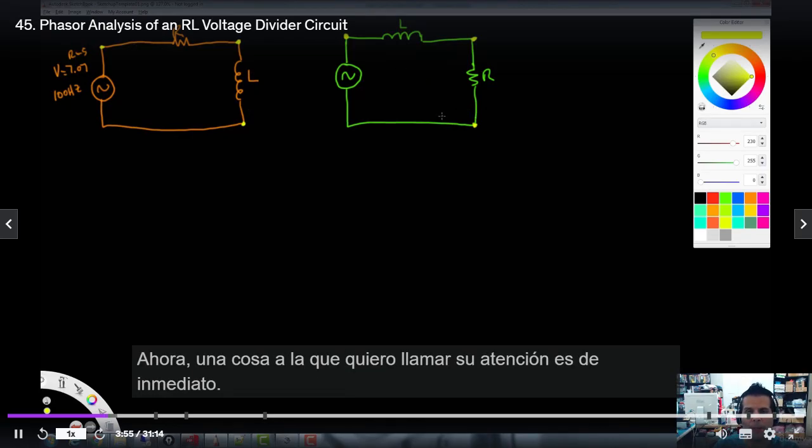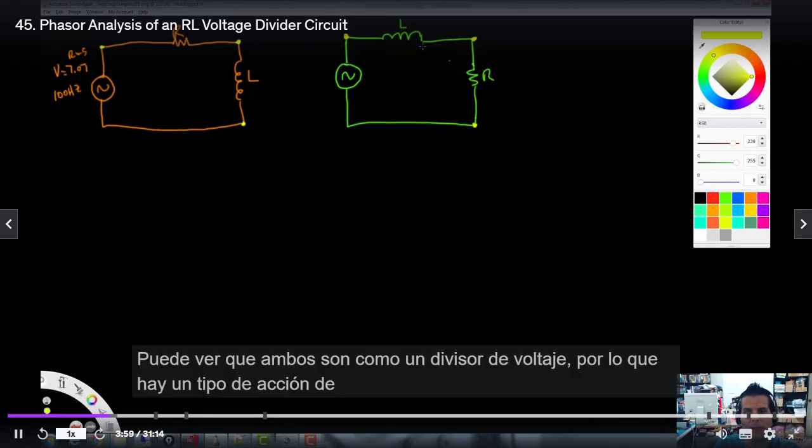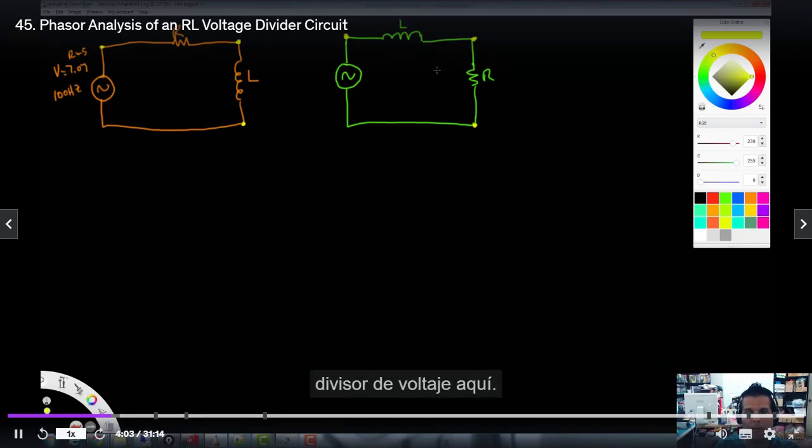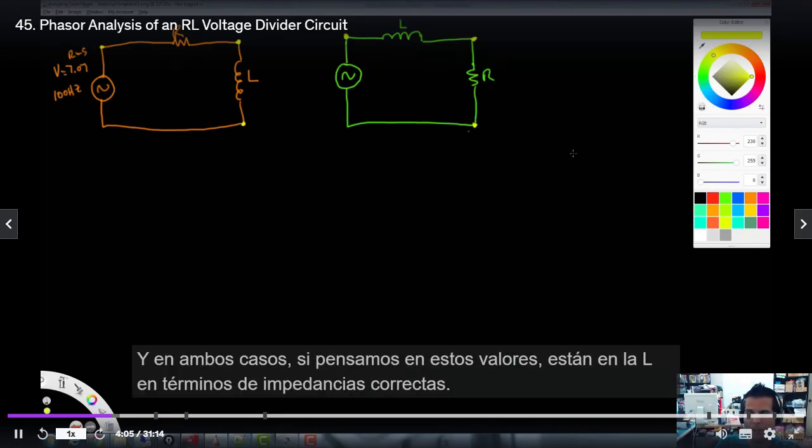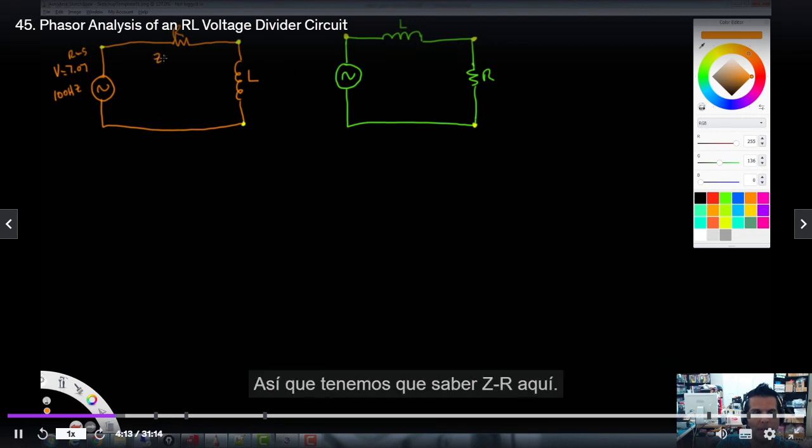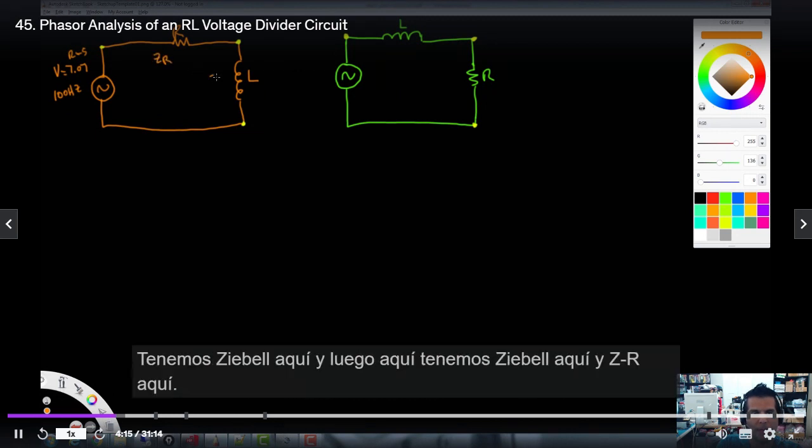One thing I want to bring to your attention right off the bat is that these are both like voltage dividers. If we think of the R and the L in terms of impedances, we've got ZR here, ZL here, and over here ZL here and ZR here.